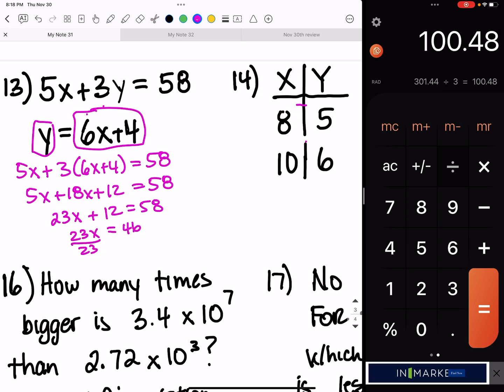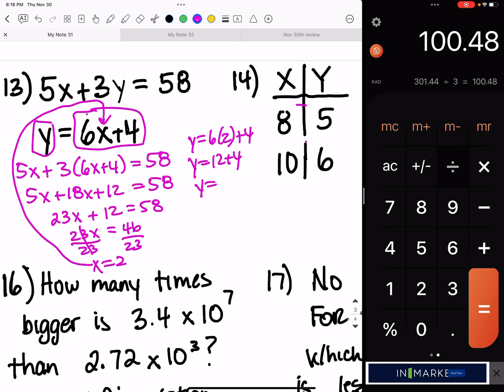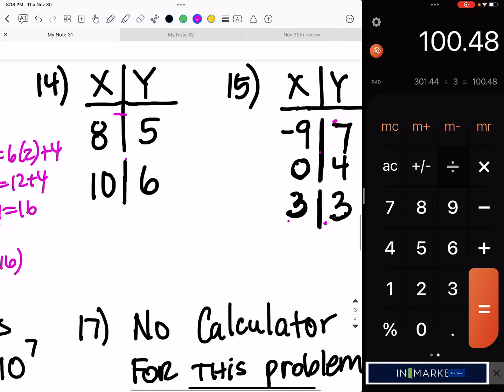Divide by 23. x equals 2. If x equals 2, I plug it back in. y equals 6 times 2 plus 4. y equals 12 plus 4, y equals 16. So we've got 2, 16.